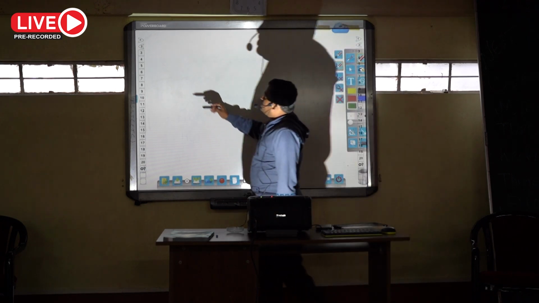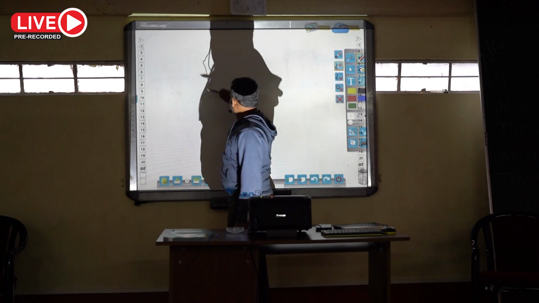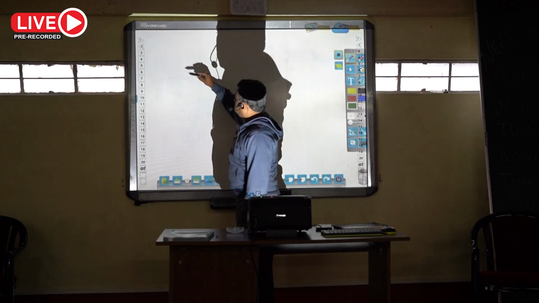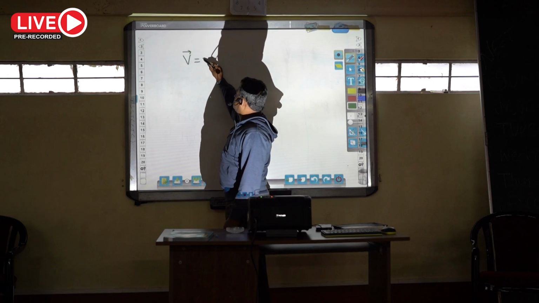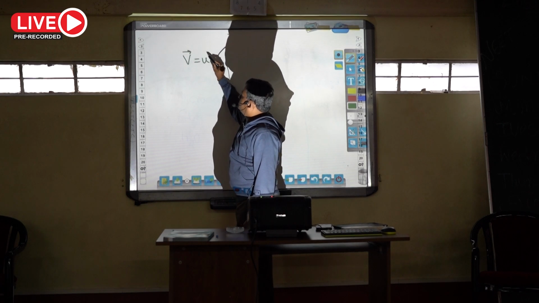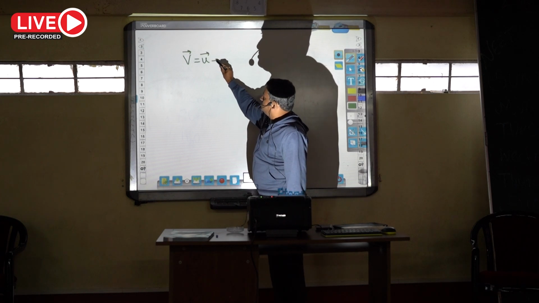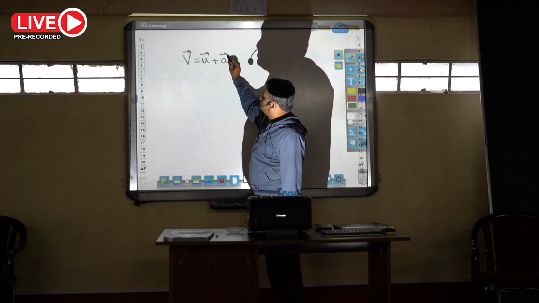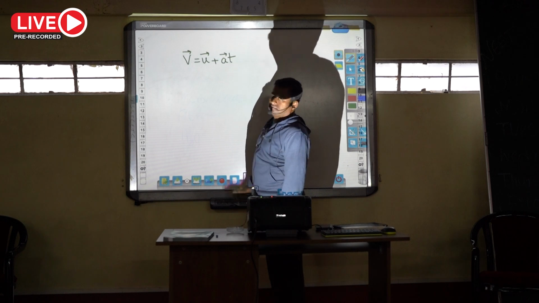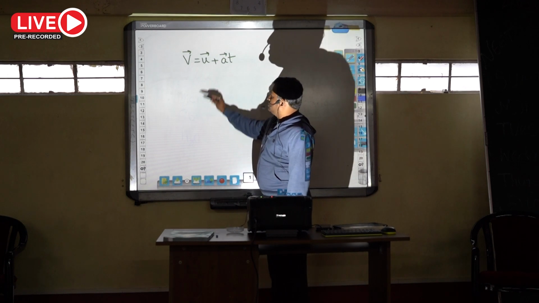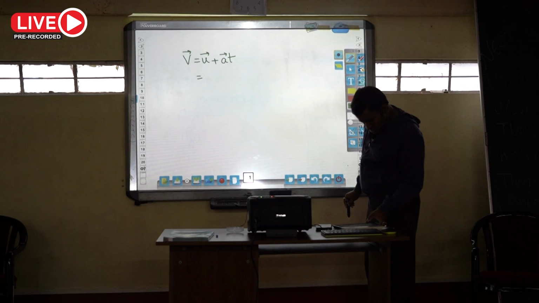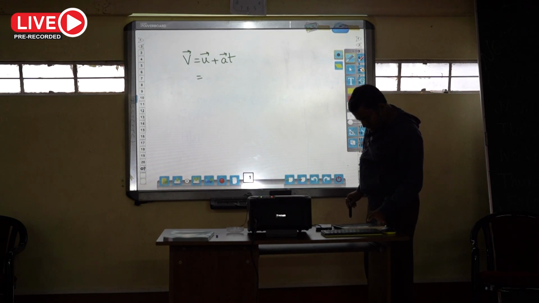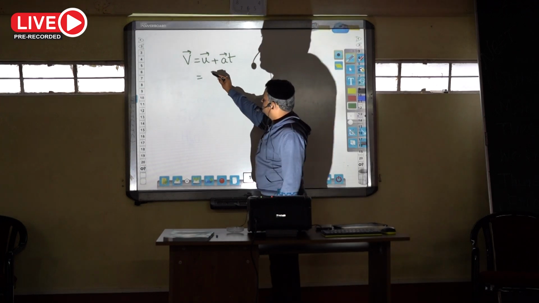You have to use this equation in vector form, that is V equal to U plus AT. So this U is given as 3 i cap plus 4 j cap.